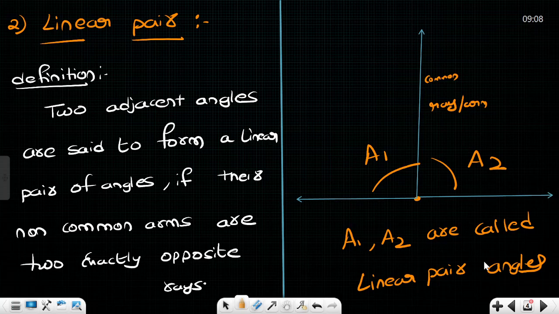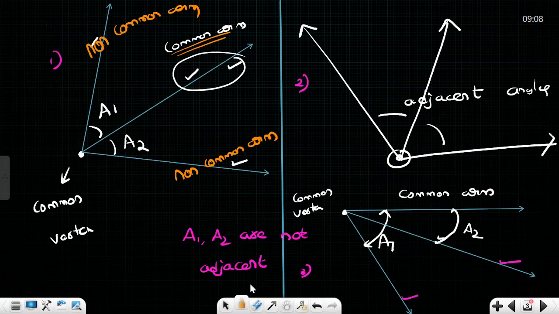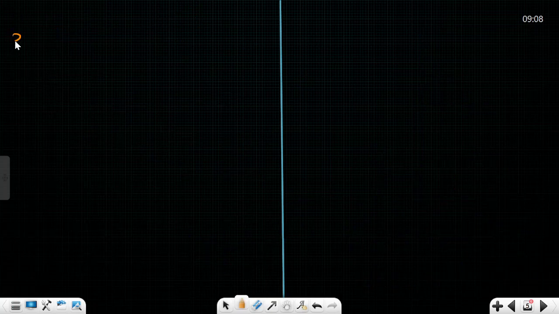Fine. Now we learned adjacent angles and then we learned linear pair angles, right? We are going to a third heading, that is called complementary angles.